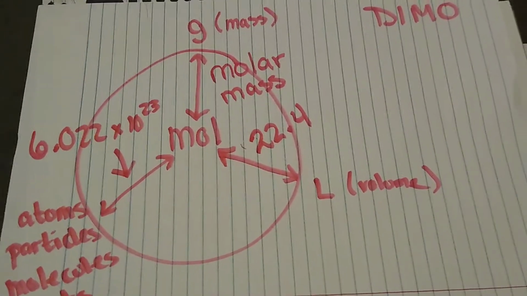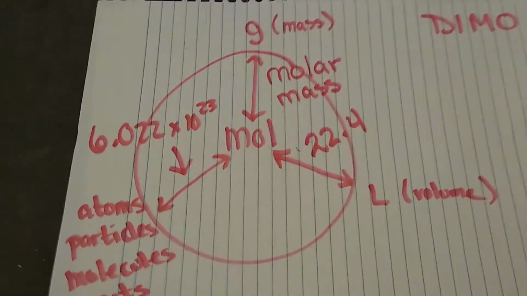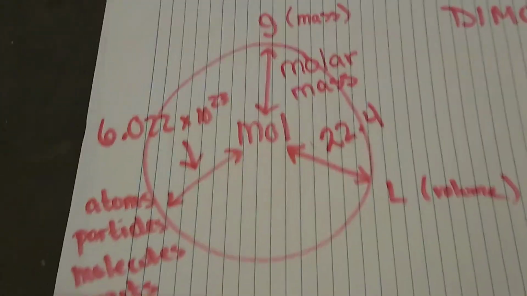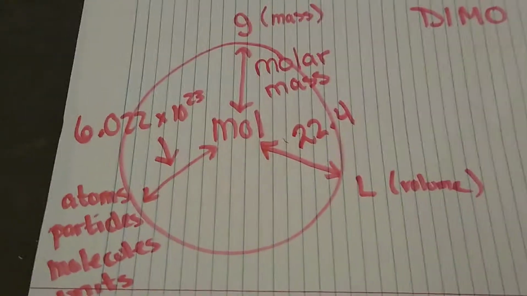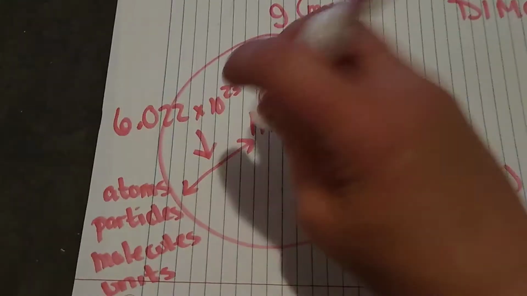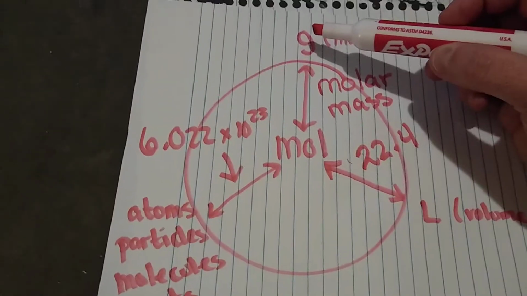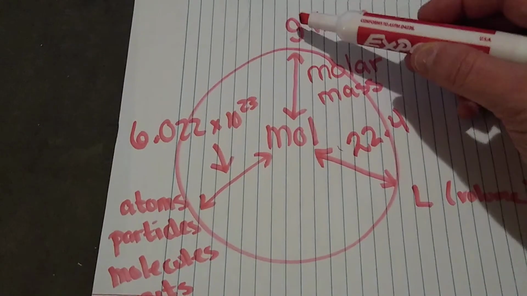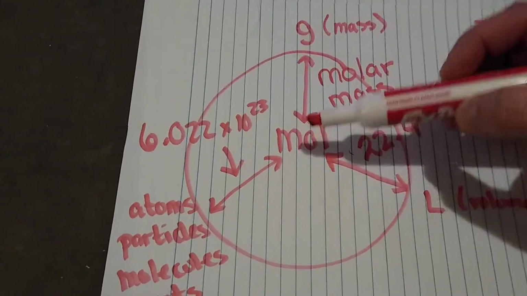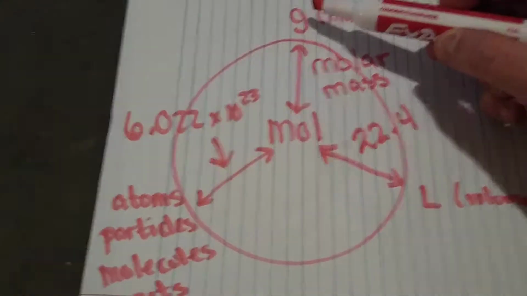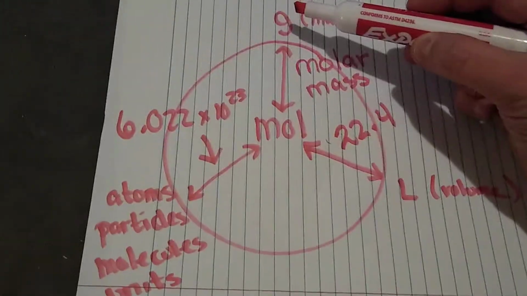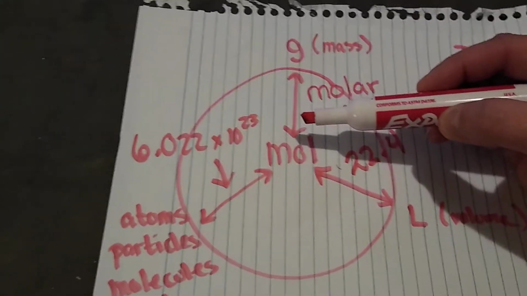Okay, so now how you work this is you have your circle, and as you move from inside the circle, which is the moles, to outside, you multiply. As you move from the outside to the inside, you divide.